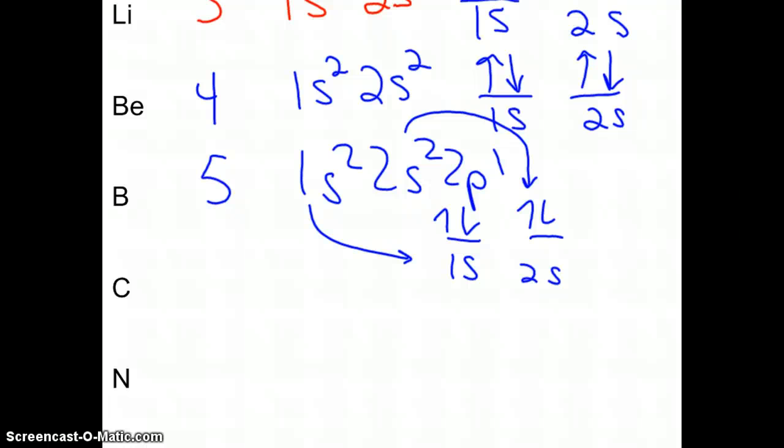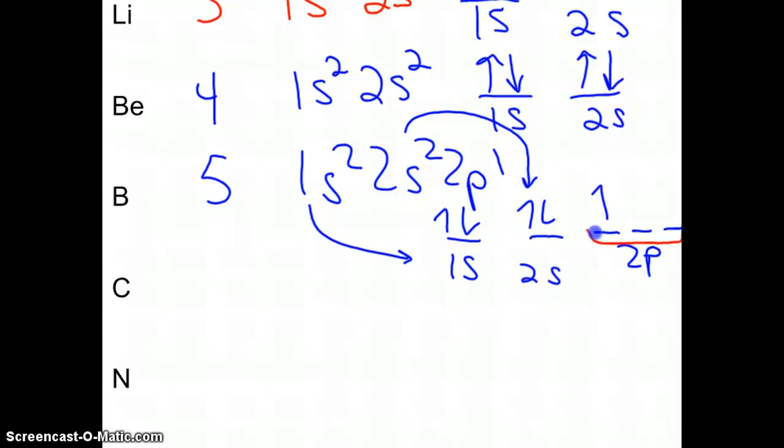I'm going to go 1, 2, 3. And just like last time, we need to label underneath the blanks. I usually put it underneath the middle blank and I go 2p, and that represents all 3 of the p dashes that I just drew. Now, how many p electrons do I have? Just 1. Is it okay that I have 2 blank orbitals? Sure, not a problem. That just means that they are available, but they're not being occupied.